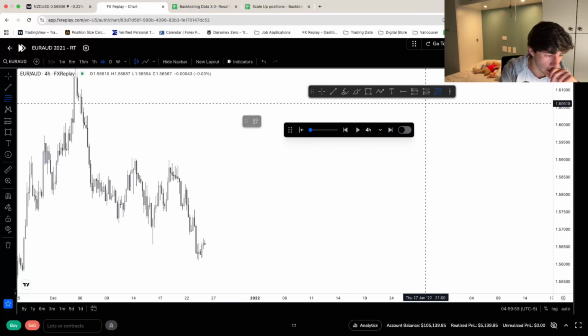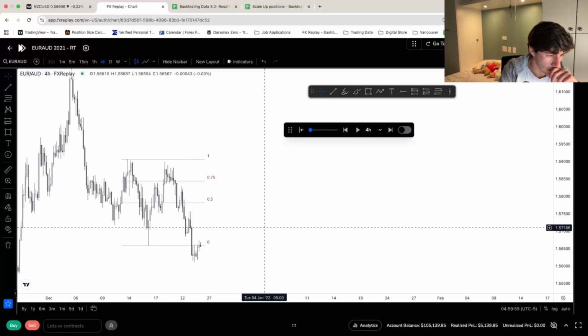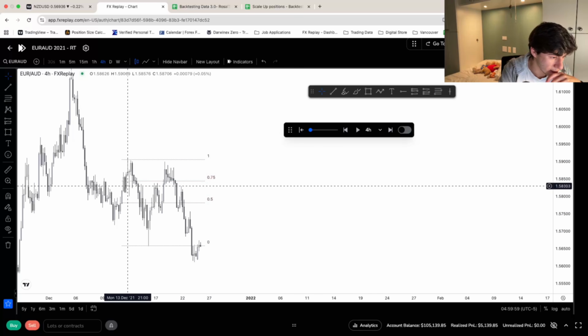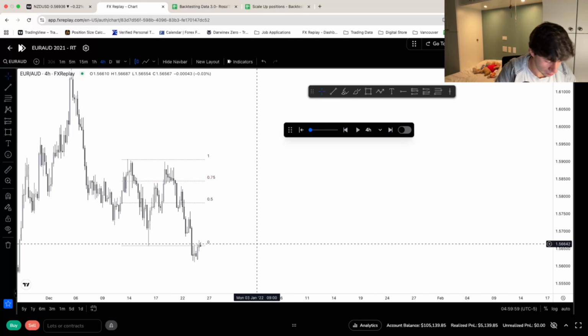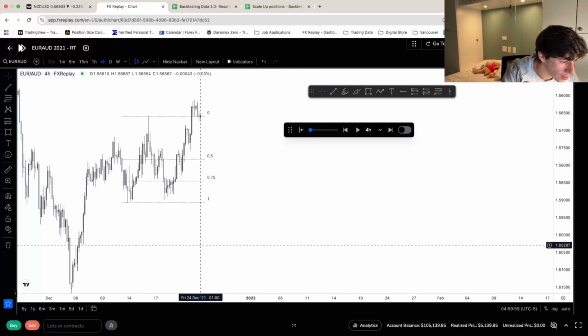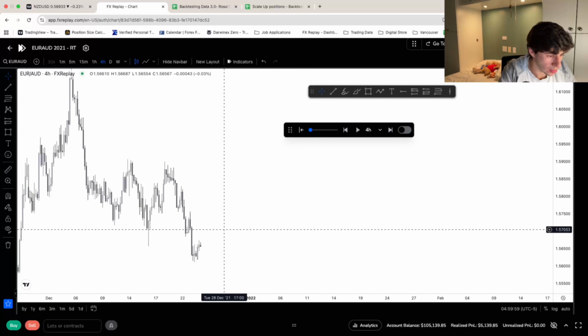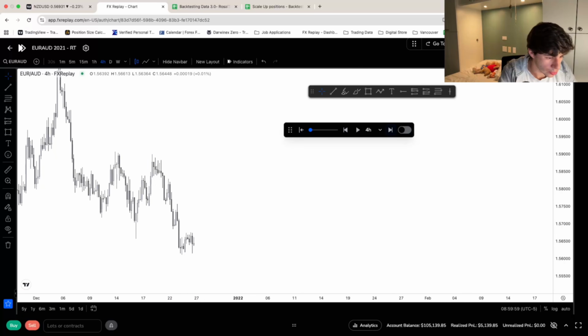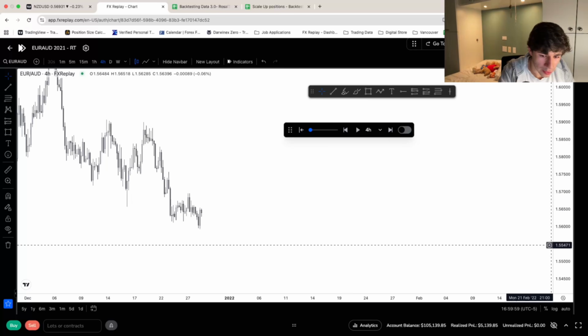Ended up working out, but there was no fair value gap for me to take a trade, so that's why I didn't take it. This one was filled, maybe this one just here, but if I didn't see it, then it was not the most clear trade, so not worried or angry about it.